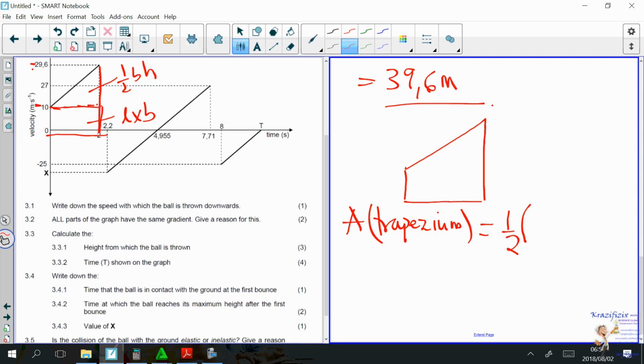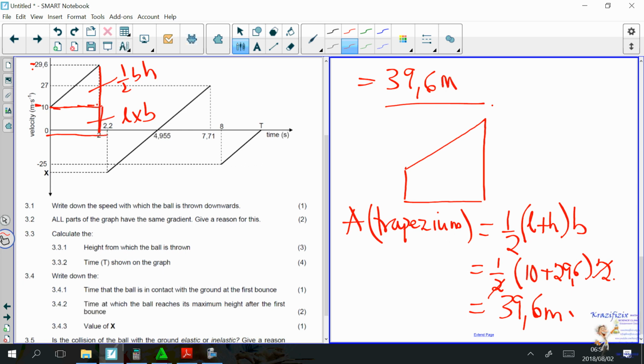Half of my length plus the height with a common breadth, and that will be half times 10 plus 29,6. My base is 2, because this formula is just the same as what we did earlier on, and this gives me again 39,6 meters. This is the area of a trapezium, which is awesome. Now we have different ways of getting that question done.